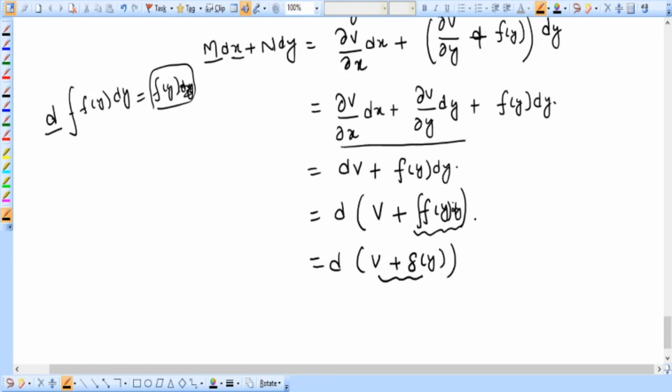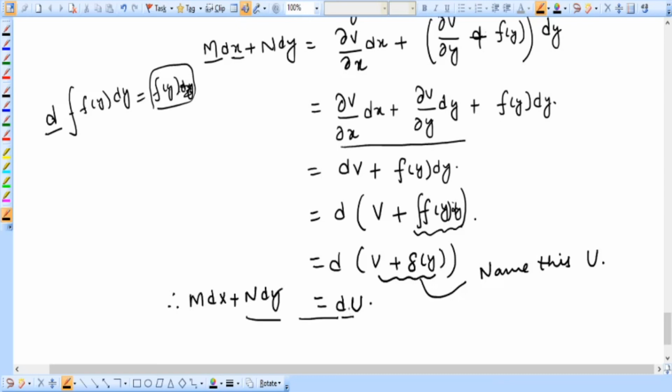Now g(y) plus v is equal to, name this some other function u, right? So it is equal to u now, therefore m dx plus n dy is equal to du.